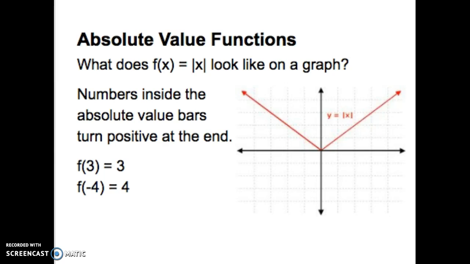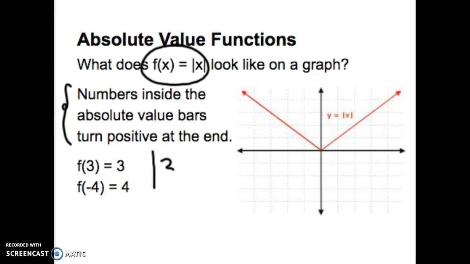As we know, the absolute value function takes a look at how far away a number is from zero. It's the absolute distance. So, as our definition, numbers inside of the absolute value bars turn positive at the end. So if we were to take this function, the absolute value of x, which we call the parent function, we could input different numbers.